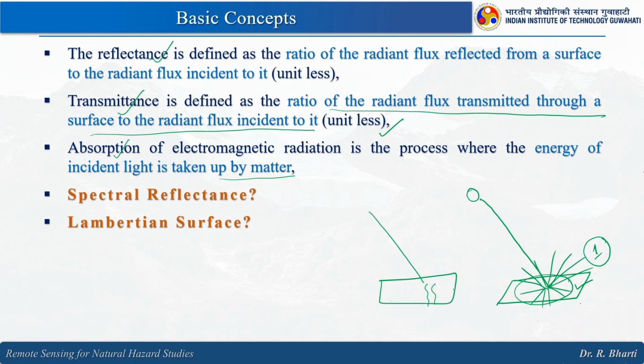So, once it absorbs, it has to maintain the equilibrium with the surrounding. In such situation what it will do? It will emit the energy in longer wavelength region, but in the reflective domain it will have no signal. So, the reflectance for the black body will be 0 and reflectance for the Lambertian surface, that is 1, right.